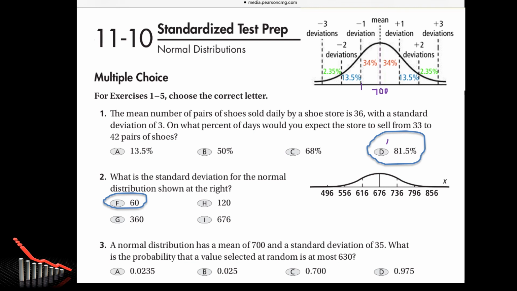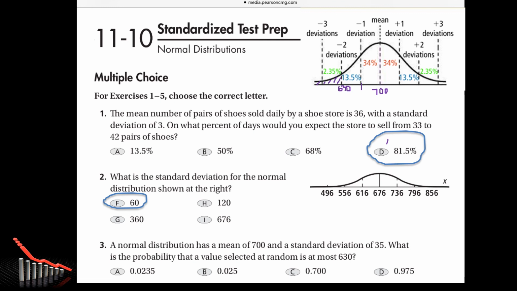Sorry, 665 minus the 35 gives me 630, and that would give me right here. So I need to figure out where that's going to lie on my standard normal distribution. Now I know that I want to shade everything left of it.